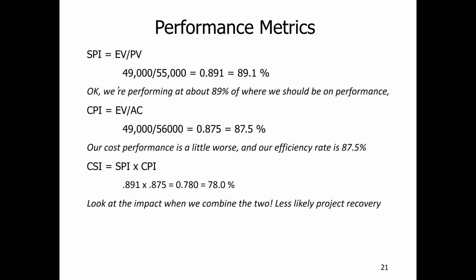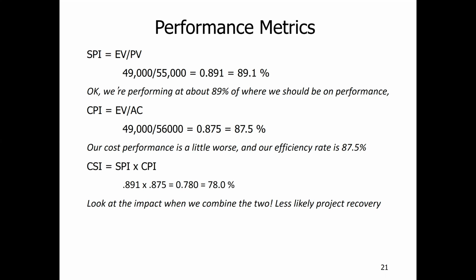Our cost performance is a little worse than the schedule performance index, and our efficiency rate is 87.5%. It should have been greater than 1, more than 100%.